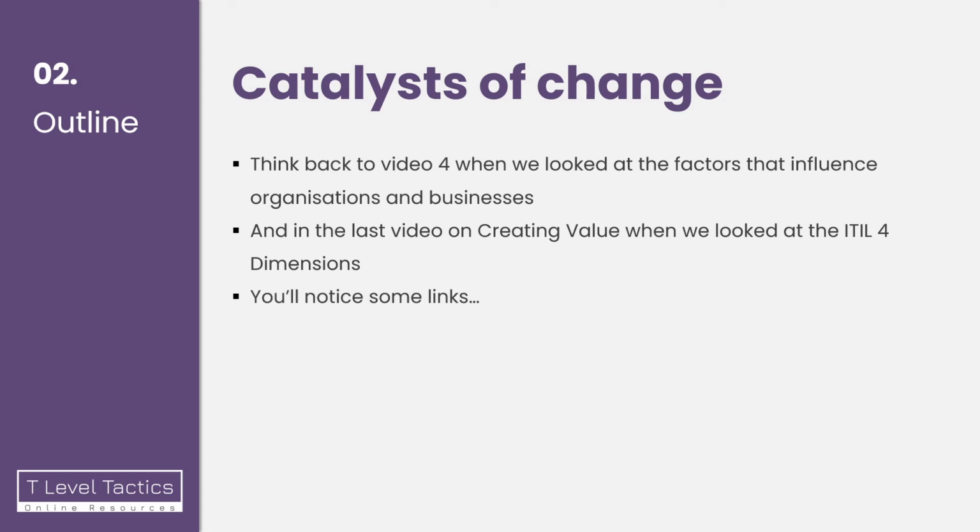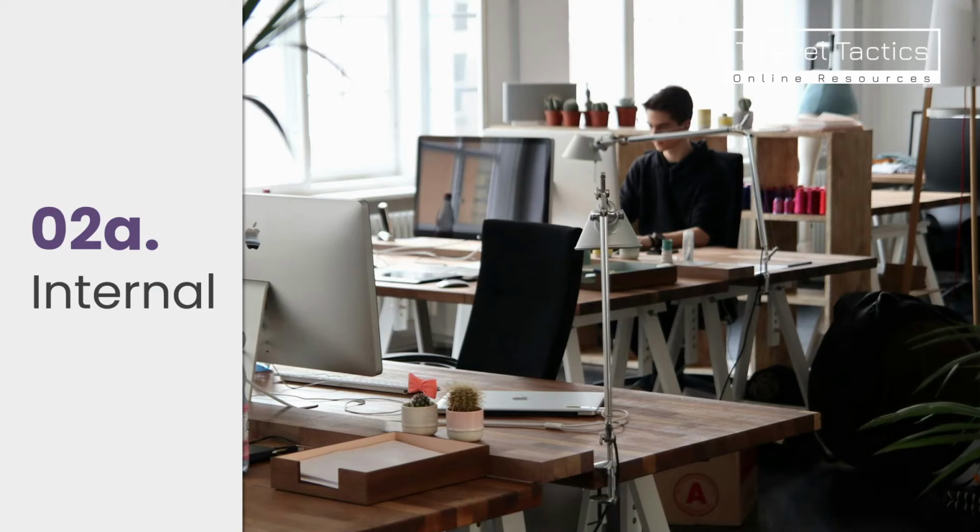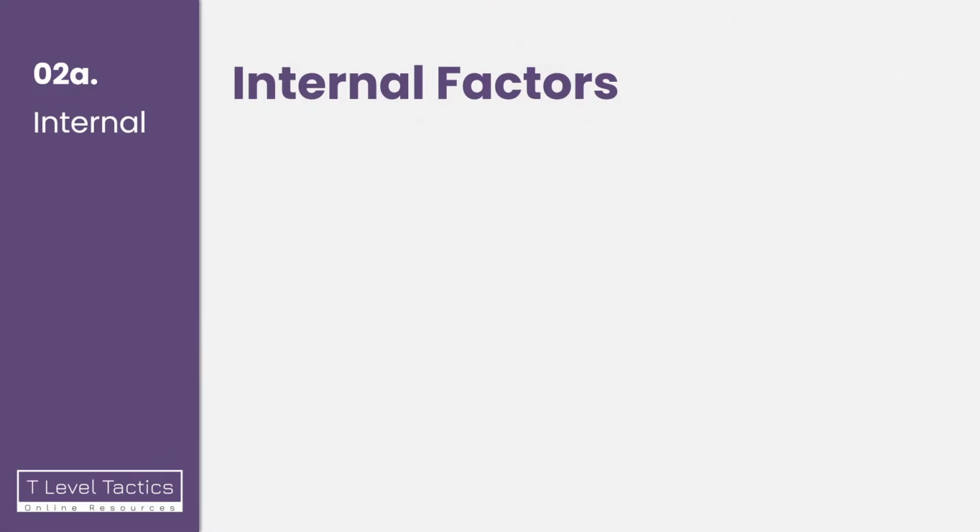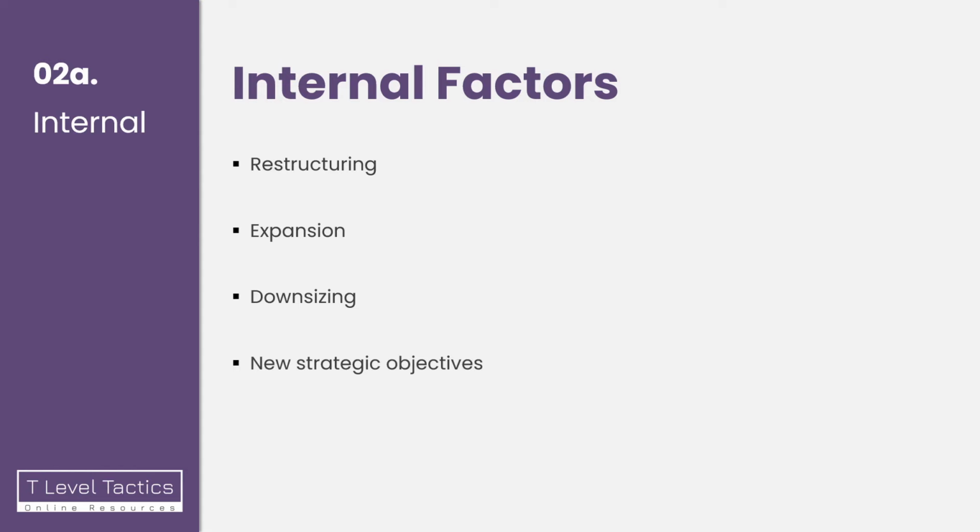You'll notice some links with what we're about to look at when we look at internal catalysts and some external catalysts as well. Let's start with internal catalysts. We'll look at restructuring, expansion, downsizing, and strategic objectives.